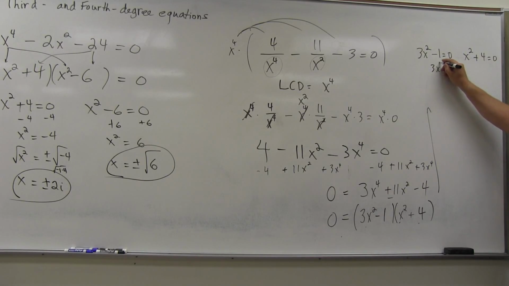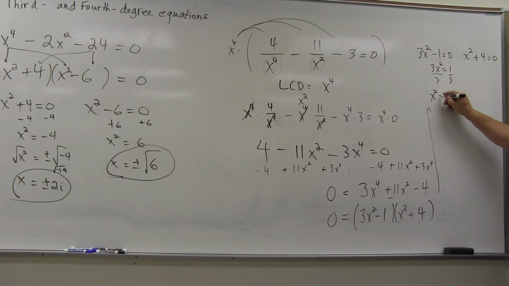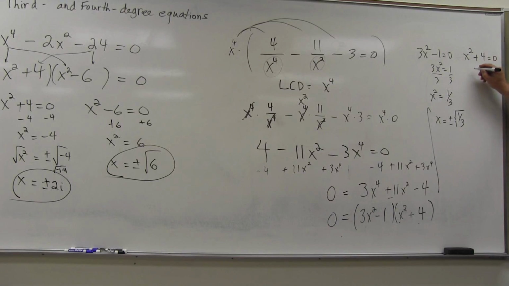Add 1, divide by 3, so x squared is 1/3. X then would be plus or minus the square root of 1/3, and that's not going to simplify nicely. Over here we have the same thing we had on the previous one. Subtract 4, square root method. We get plus or minus the square root of negative 4, so that's plus or minus 2i.